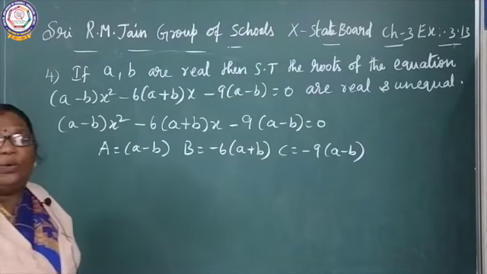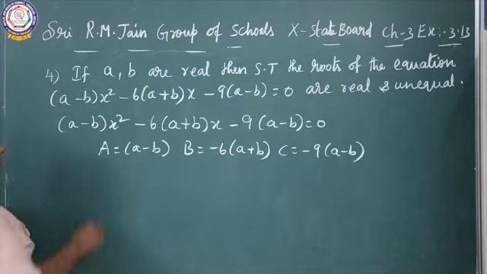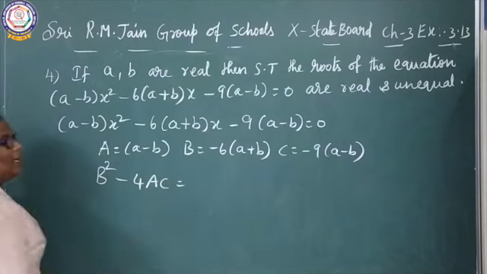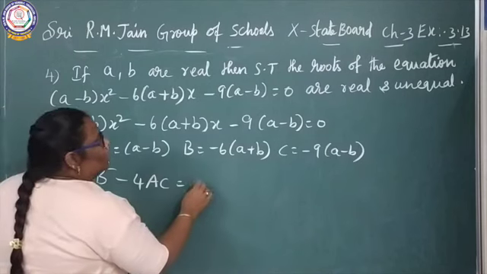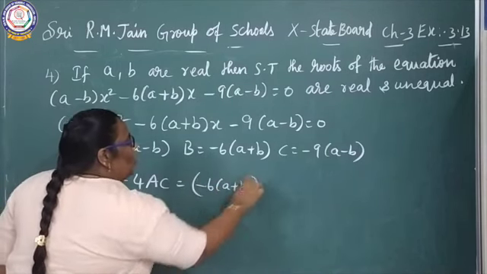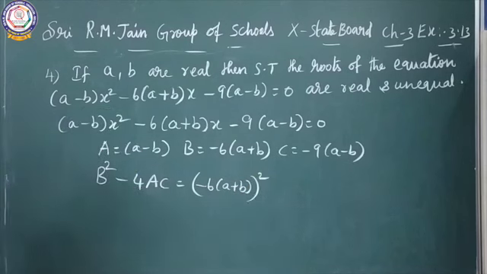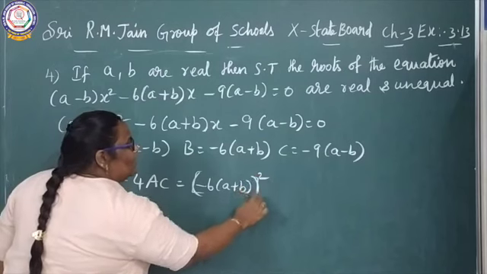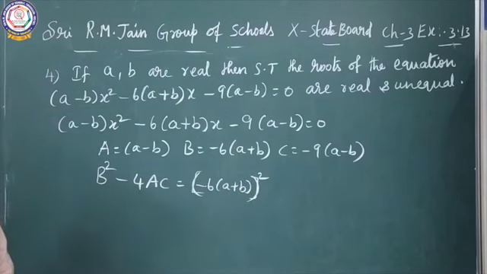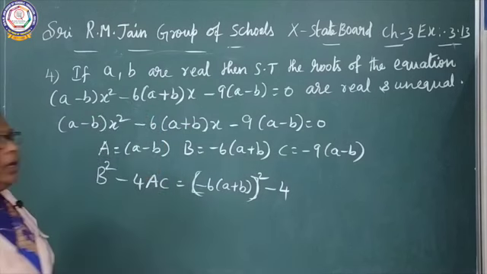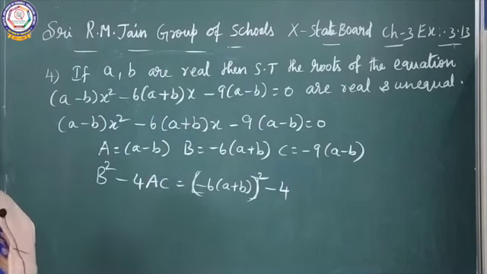So b square minus 4ac equals minus 6 into (a plus b) the whole square, minus 4 into AC.